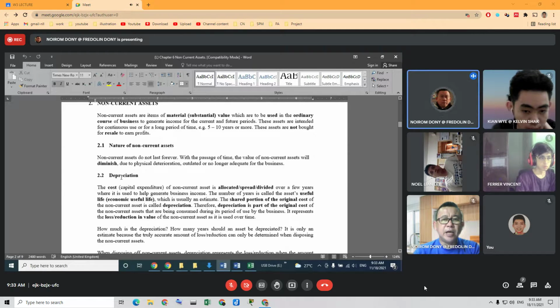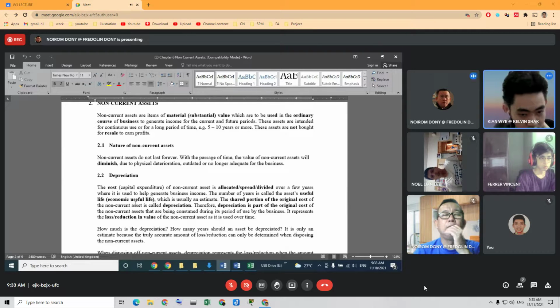Meaning depreciation is part of the original cost of the non-current asset. Is it counted like inflation? Okay, inflation is another term.